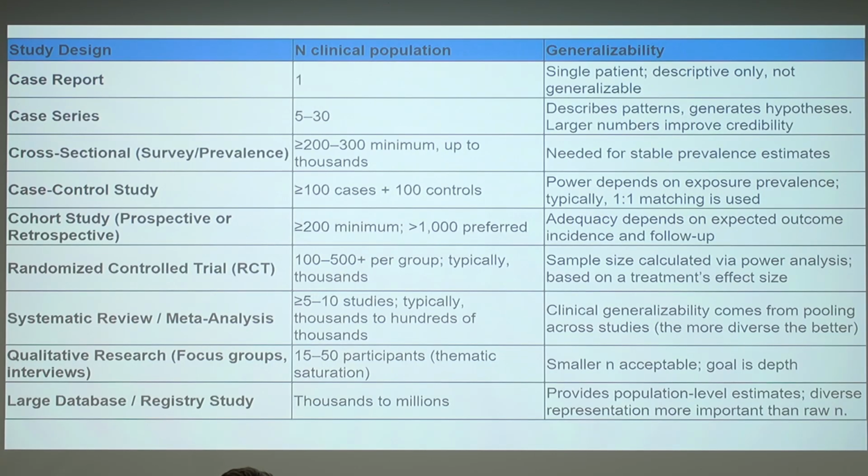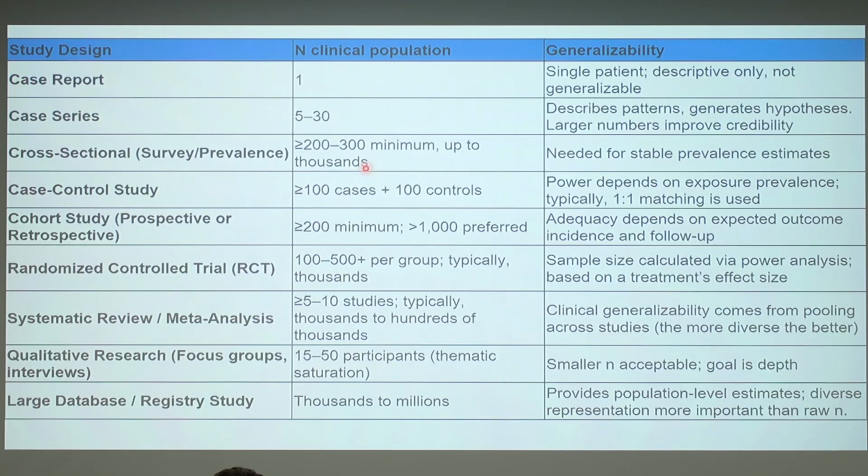And so here is information about study designs, each study design and their generalizability to the population as a whole. Here are the different study designs and the sample size or the N values that they use per study. So we know with the smaller N's, they're not going to be generalizable to the population.